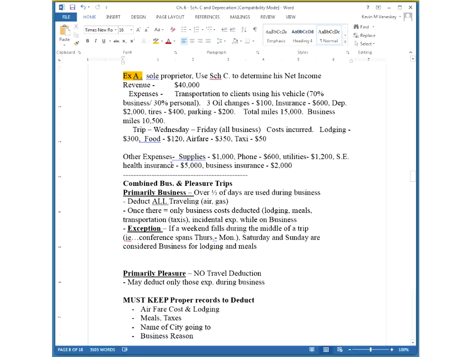I think that's unfair for self-employed people, because if somebody works as an employee at a big corporation and they pay health insurance premiums, that doesn't get included in their wages, and therefore it doesn't get included in their Social Security or Medicare for tax purposes.